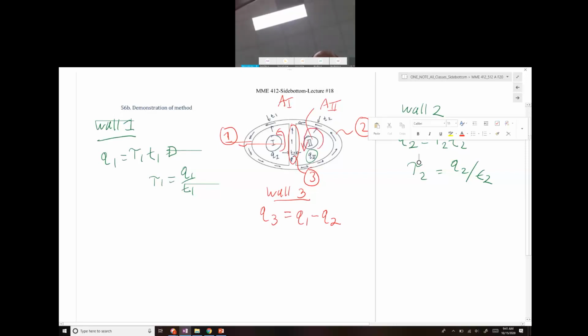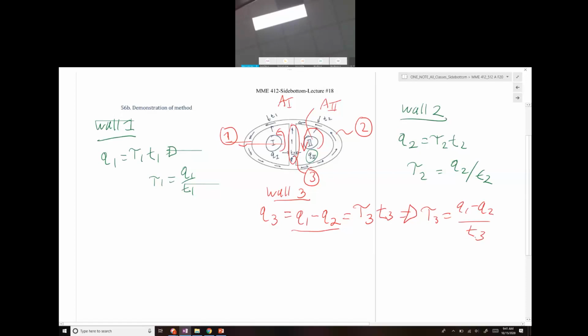So in wall 3, they're going against one another, so we have to subtract them from each other. The difference between those shear flows has to be equal to the shear stress in that section times the thickness of that section. If we rearrange that, we get the shear stress is equal to Q1 minus Q2 over T3.